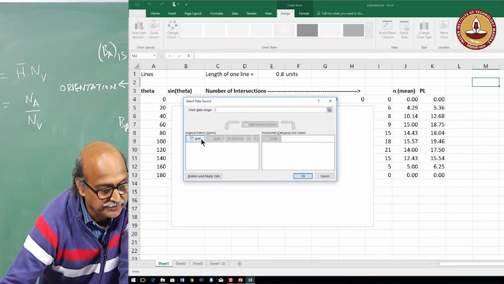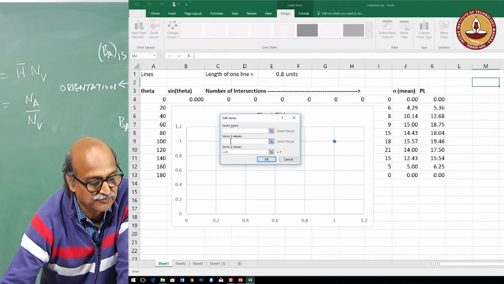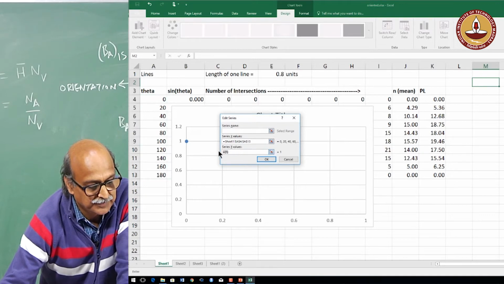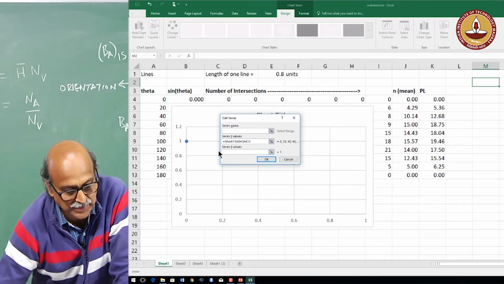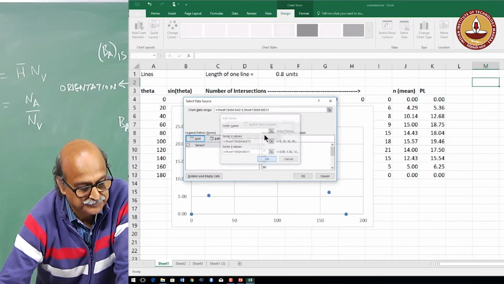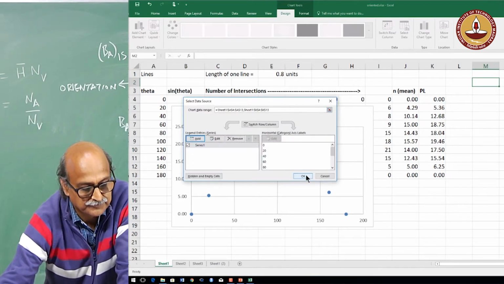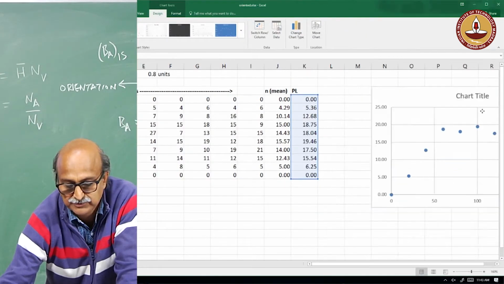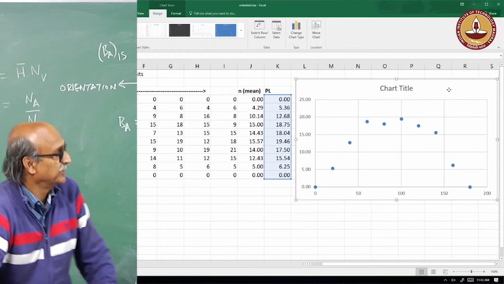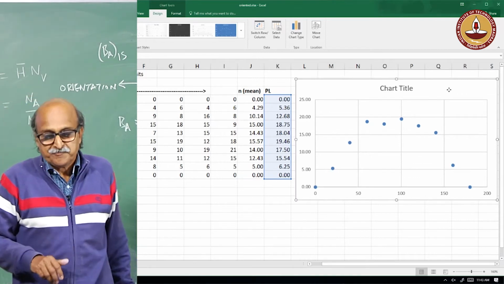Let me add data to this graph. For my x axis are these theta values, and for my y axis is PL. And I get a graph which looks something like this.